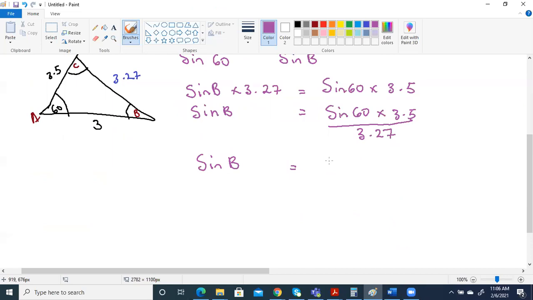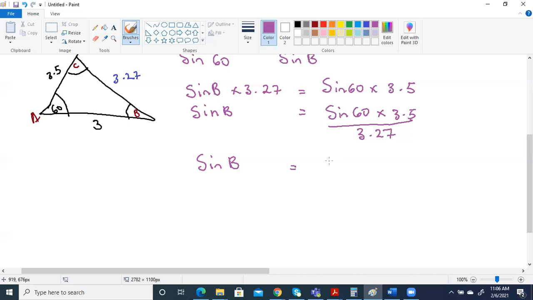Everybody got that? Sine 60? Yes. All right, and multiply that by 3.5, which is 3.03, and then divide that by 3.27. You get 0.0092. That's what you got, Shauna?